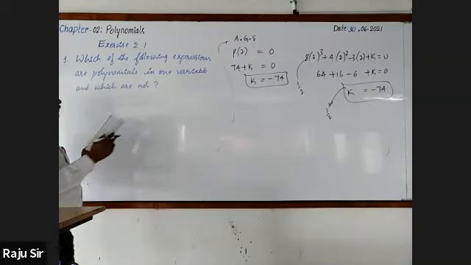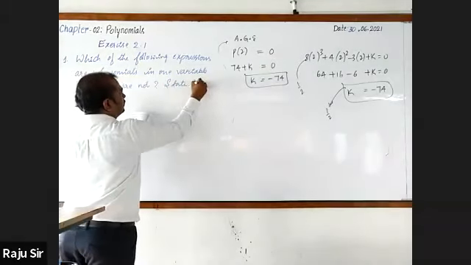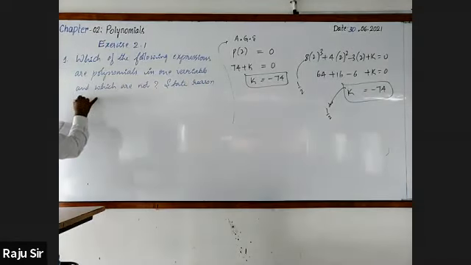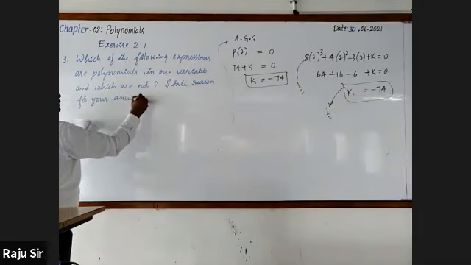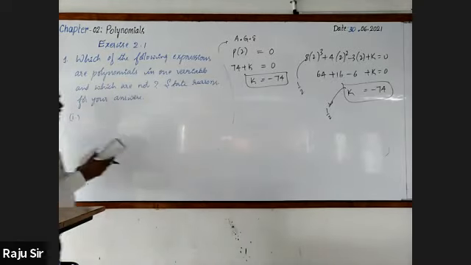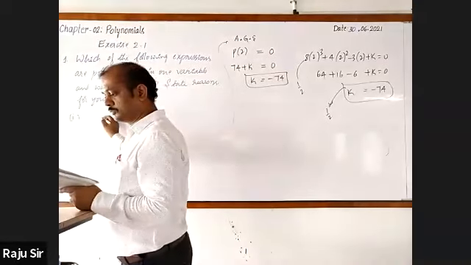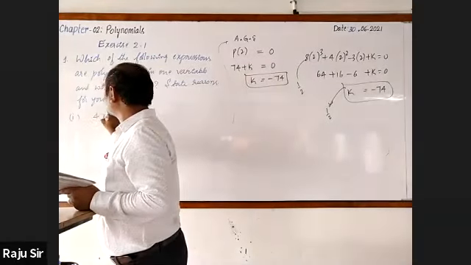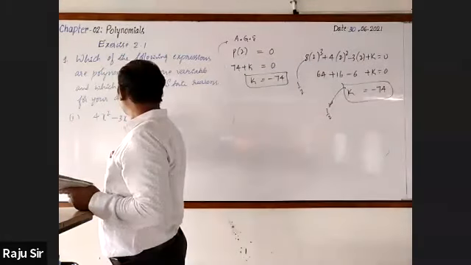State reasons for your answers. In that first one, here, 4x squared minus 3x plus 1.